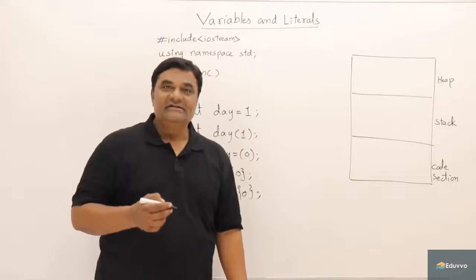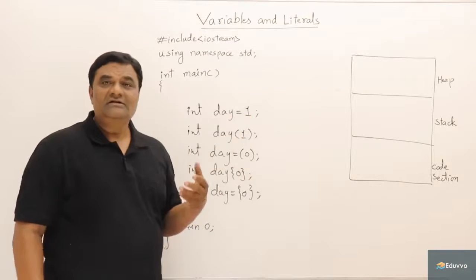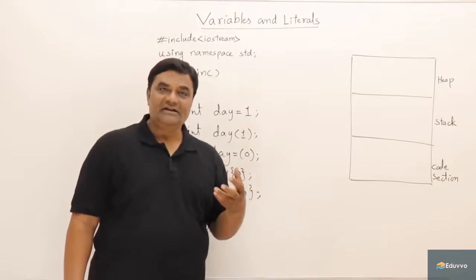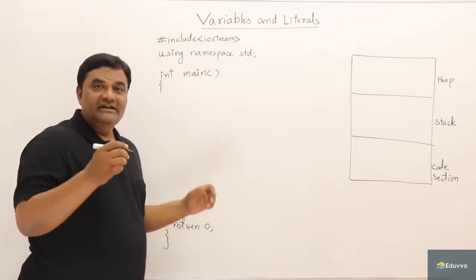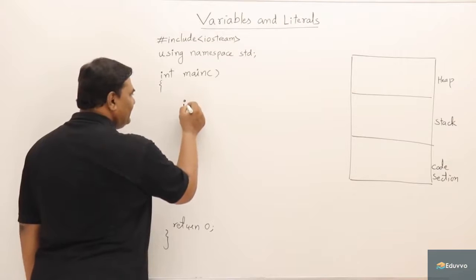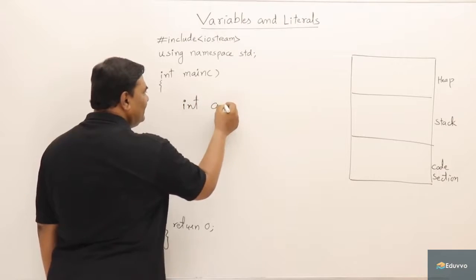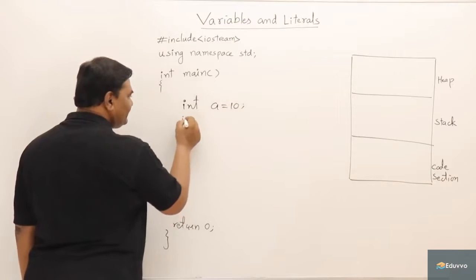Now, next is literals. It means I am assigning some value here. So what are the types of values that we can assign? Let's see literals. First, I will show you integer literals. Suppose I am taking an integer type of value, then I can assign the number 10. This is a decimal number system.